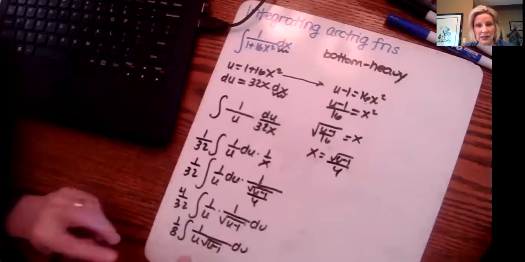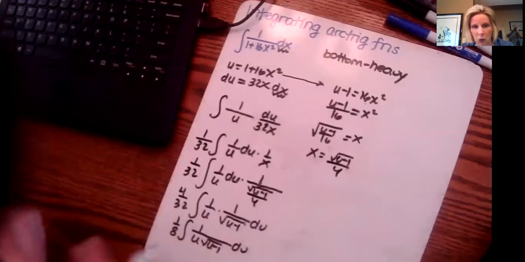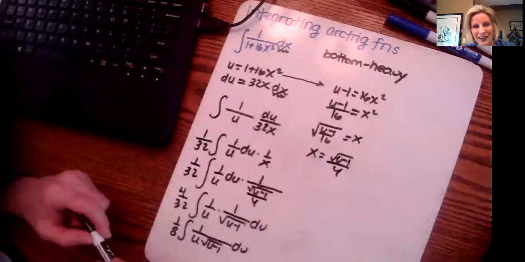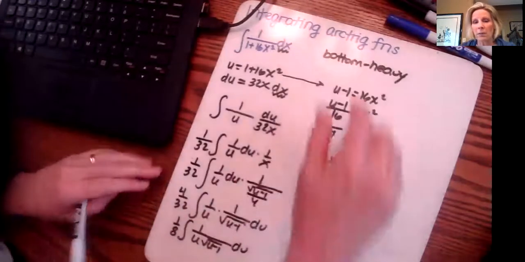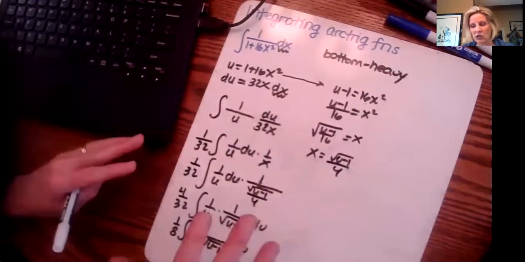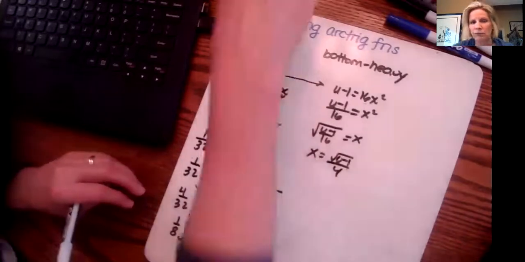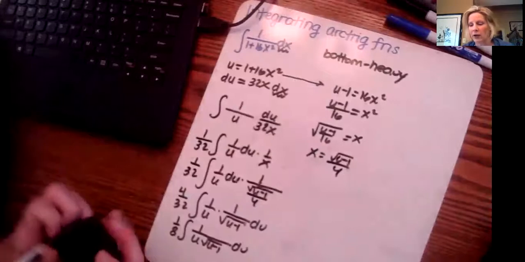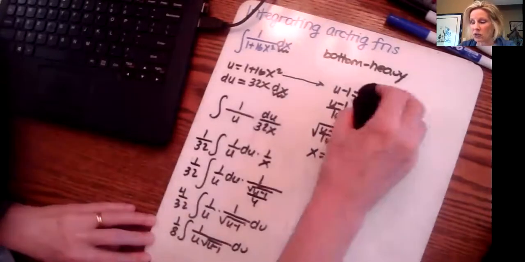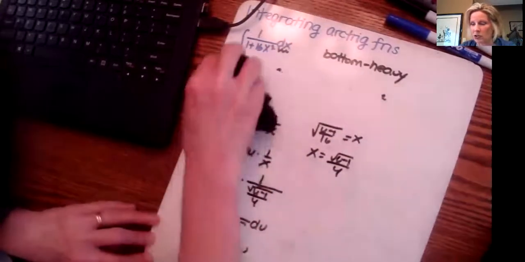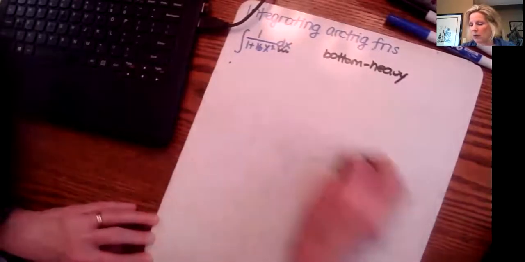But this thing's not getting better. I feel like I'm working and working and working and I'm not getting anywhere. So when I've got a bottom heavy fraction and I start making my normal moves of letting u be the bottom, if I'm not getting anywhere, usually what happens is I start to have a little panic and go, oh my gosh, I don't know what's going on with this problem.